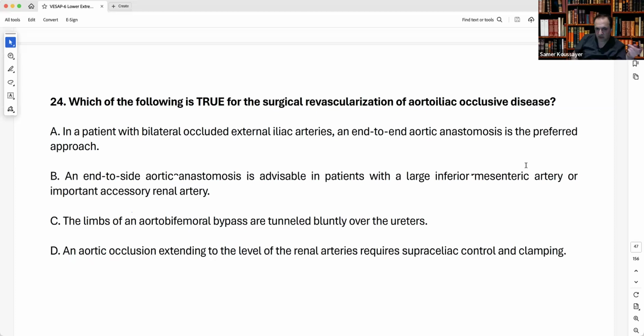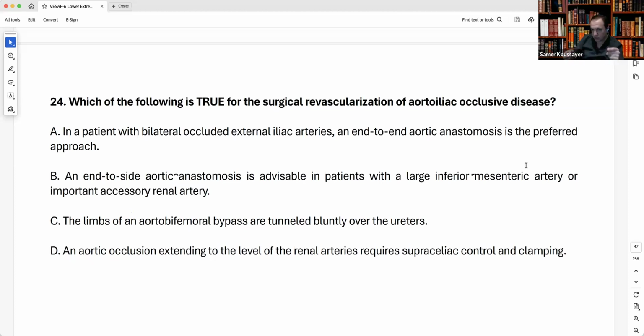So two things first. First, you put a vessel loop around the renal because you don't want any embolization to the renal, since with a flush occlusion the clot is very close to the renal. And then you open the aorta without clamping suprarenal. When you open the aorta and start taking out the clot, suddenly you see the blood flush in your face, because the moment you take the clot out, all the small debris will come out. When you see the blood flushing in your face, then you apply the suprarenal clamp.